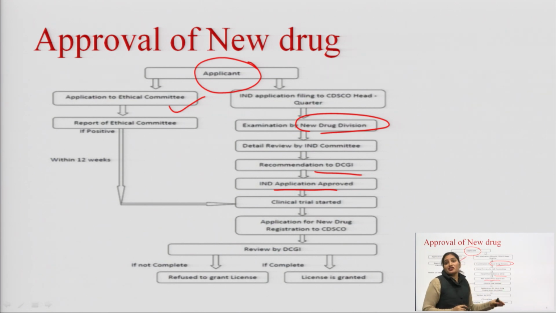Before conduction of clinical trial, the sponsor should get the permission from the Animal Ethical Committee also, or Institutional Review Board also.